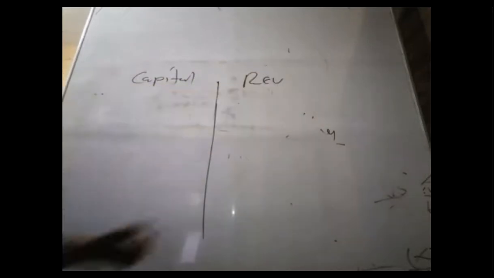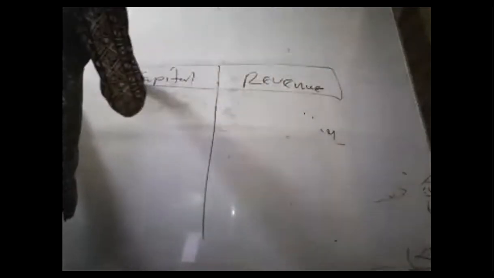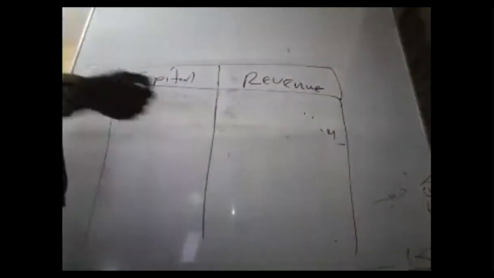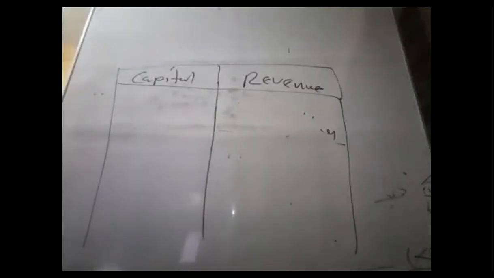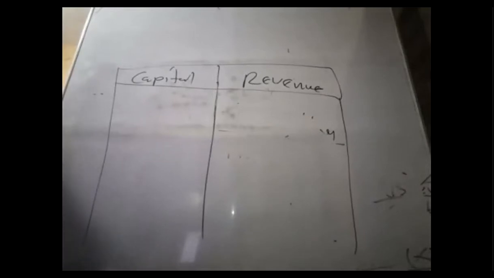Let's write here capital, and here revenue expenditure. A clear distinction needs to be made between capital and revenue expenditure.